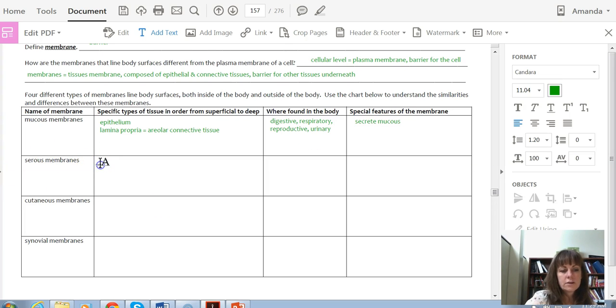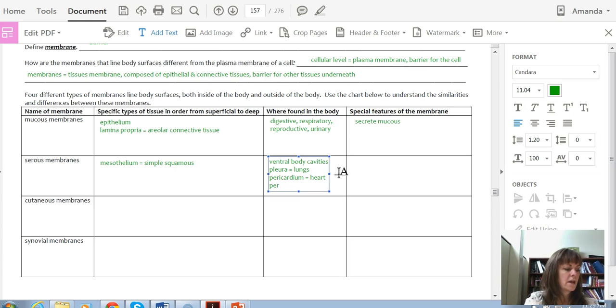Now, the serous membranes are going to have a mesothelium, and that is going to be the simple squamous epithelium. We're only going to find this in the ventral body cavities, okay? And specifically we're going to have pleura that's going to line the lungs. We're going to have the pericardium that's going to line the heart.